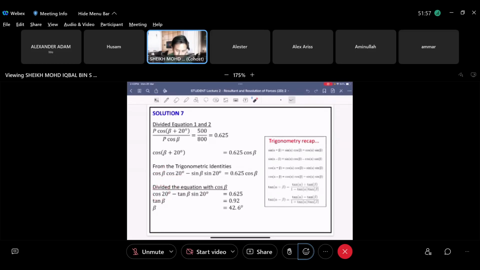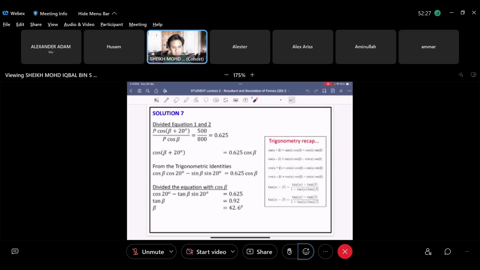Okay, same thing like this one. If you divide it by cos beta here, sine divided by cos, you will have tan, right? Sine divided by cos is tan. So tan beta sin 20 degrees, right? Now for this one, we can definitely solve it because there's only one unknown. So solve this one, it's just basic maths, and finally you will have your beta, which is 42.6 degrees.